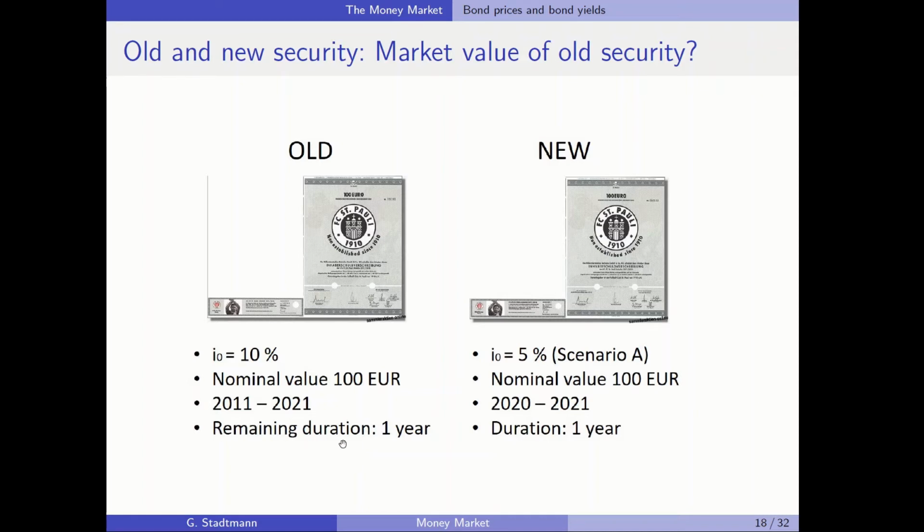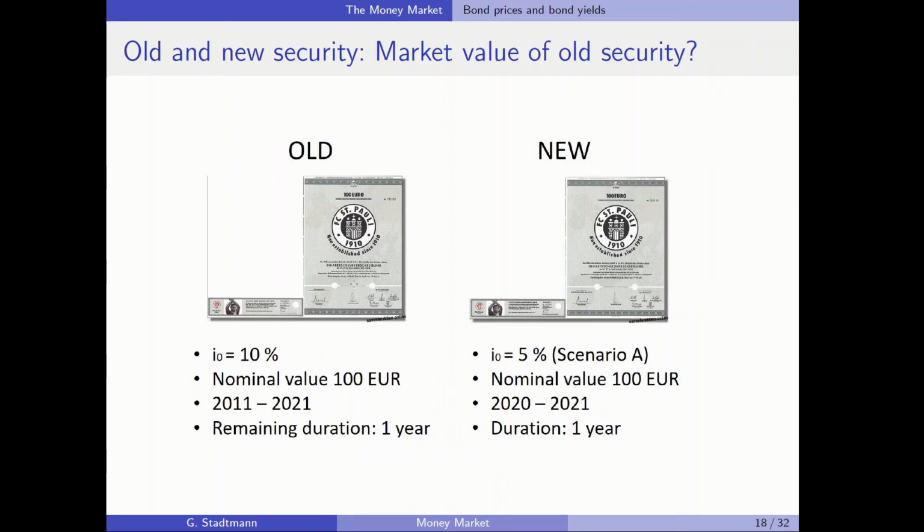So the remaining duration today is 1 year. So this bond still is running 1 year, and it has a nominal value of 100 euros. So in 1 year, in 2021, you'll get 100 euros in case you turn in this piece of paper, and it has a nominal interest rate of 10%.